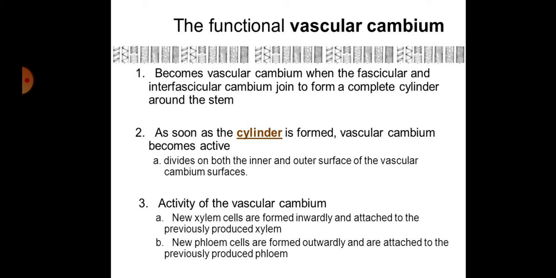The vascular cambium becomes functional when the fascicular and interfascicular cambium join to form a complete cylinder around the stem. As soon as the cylinder is formed, vascular cambium becomes active and divides on both the inner and outer sides. Newly formed xylem cells are added inwardly and attached to the previously produced xylem, and newly formed phloem cells are added outwardly and attached to the previously produced phloem.